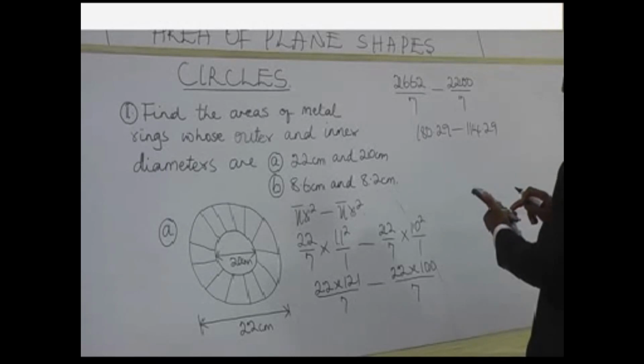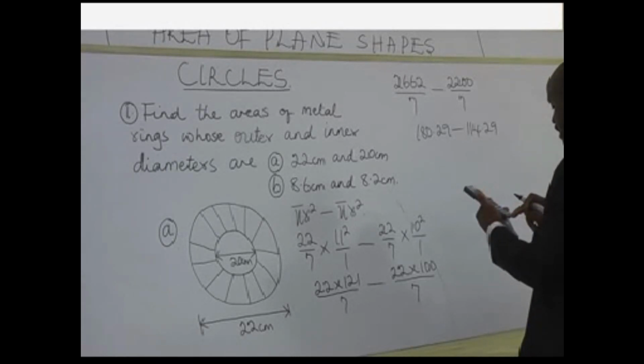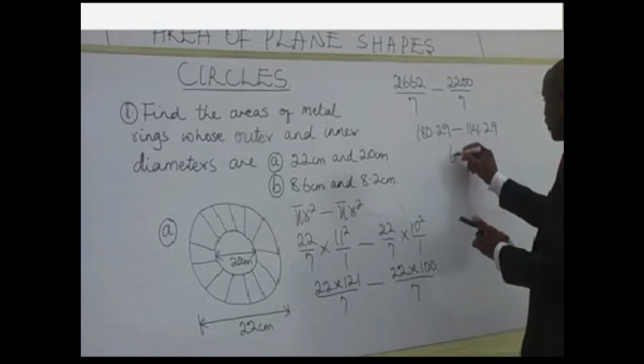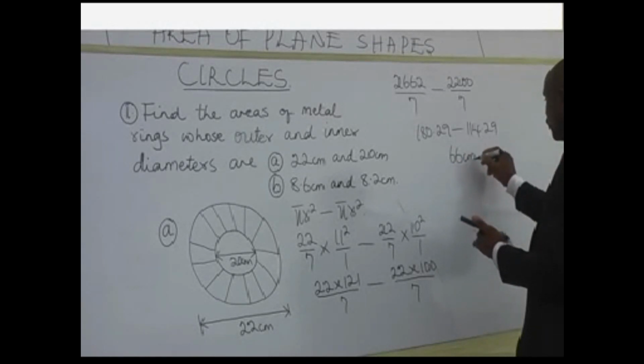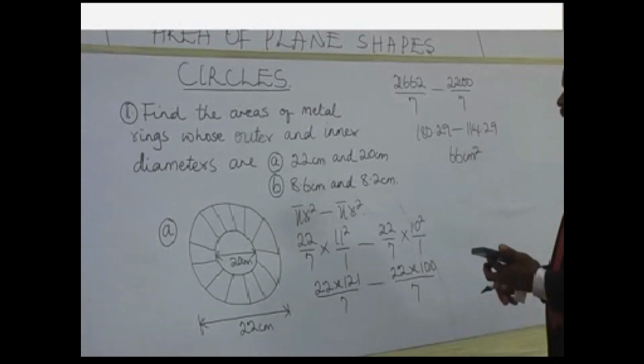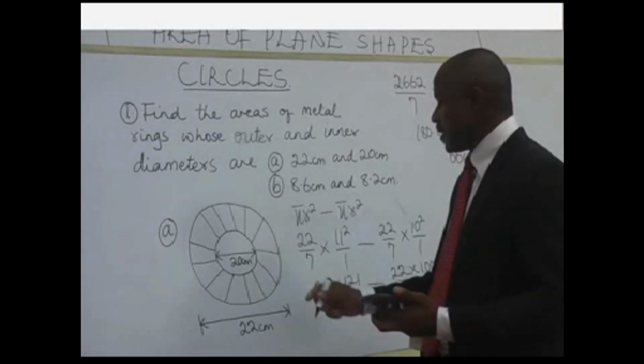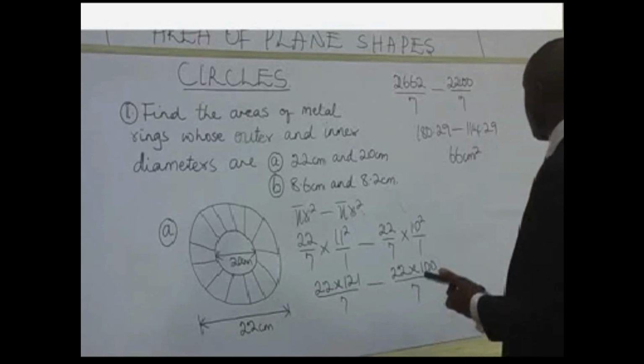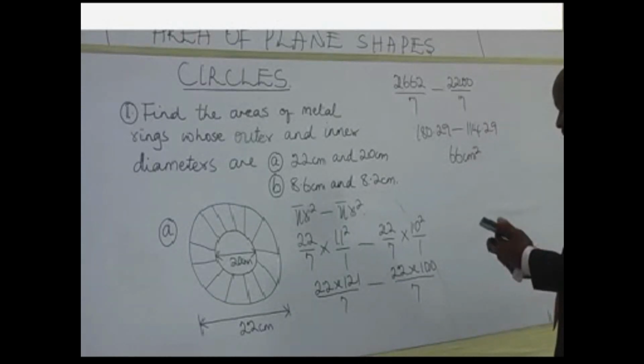Now let's subtract, 380.29 minus 314.29. It's giving us 66. So the area of the shaded portion of that structure, or that metal ring, is 66 centimeters squared.